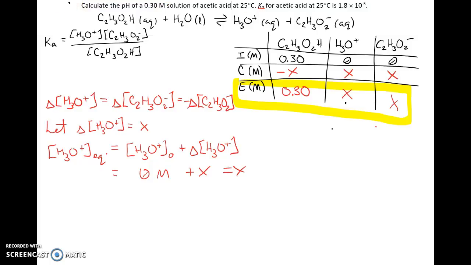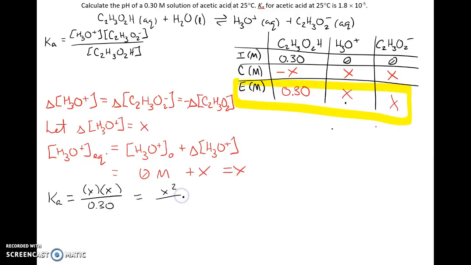Let's now write our equation again for the acid dissociation constant, but let's substitute X for the concentrations of H3O+ and acetate ions. So instead of Ka equals H3O+ times C2H3O2-, it will equal x times x over the concentration of acetic acid, which is 0.30.